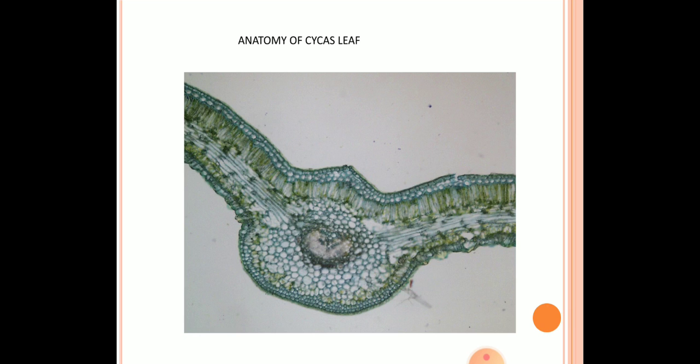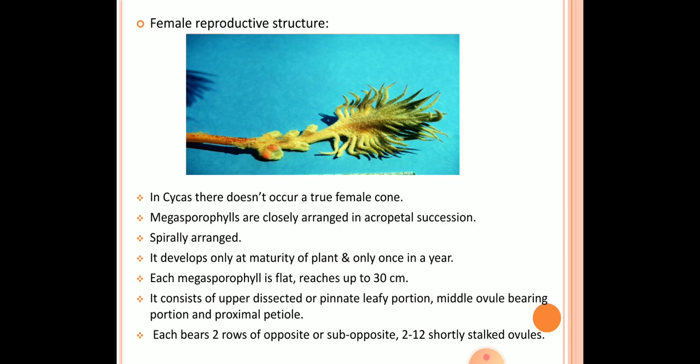They help in photosynthetic activity, and the pinnately compound leaves are a very interesting type commonly occurring in Cycas. So this is an overview of the complete Cycas root, stem, and leaves. We will study the reproductive structures in the next class.